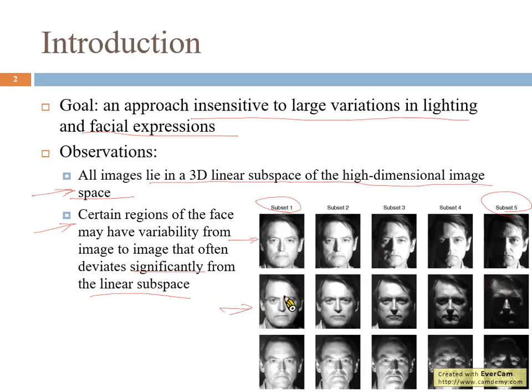In the second row, the lighting comes from above, from the top of the head. On the contrary, in the third row, the lighting source is from the bottom of the face. With such large lighting variation in the face image database, the Eigenface approach will fail.